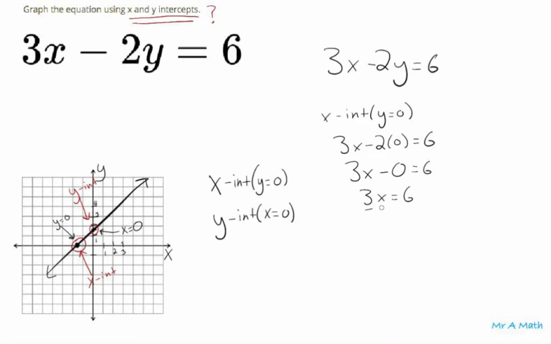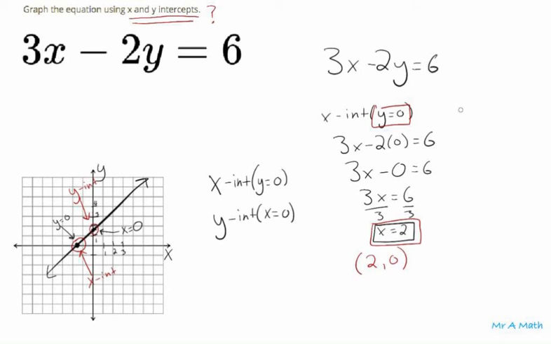If I divide both sides by 3, I get x is equal to 2. So what that tells me is that when y is equal to 0, x is equal to 2, which means that I have a point of (2, 0) as my x-intercept.